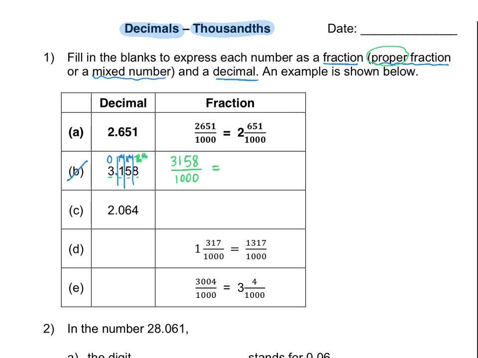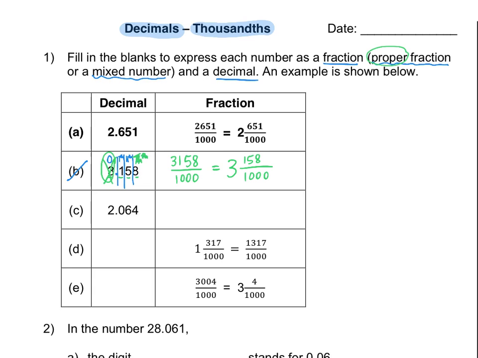Our whole number is 3 ones, which is 3 wholes. The smallest place value is thousandths, so out of a thousand. With 3 wholes gone, we are left with 158 thousandths. So this is the answer for part B.